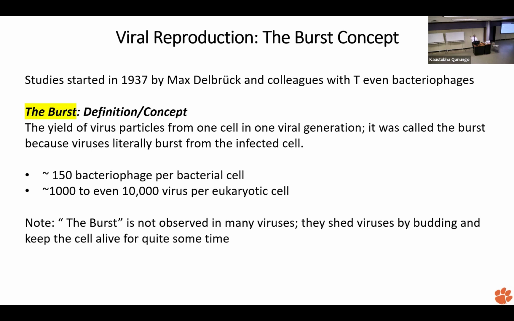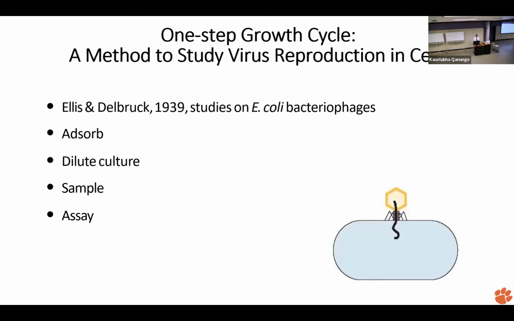But some, like polio, synthesize all the viral particles and burst the cell to come out. This was first studied by Max Delbruck in T-even bacteriophages like T2, T4, and T6.